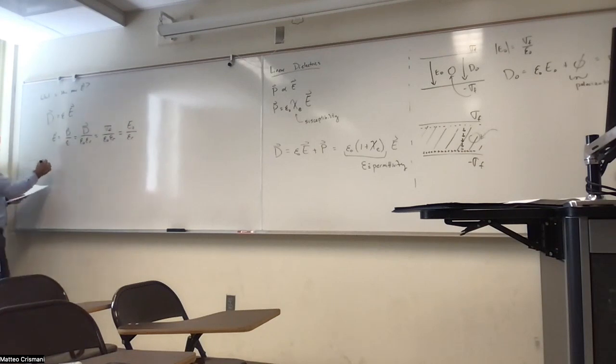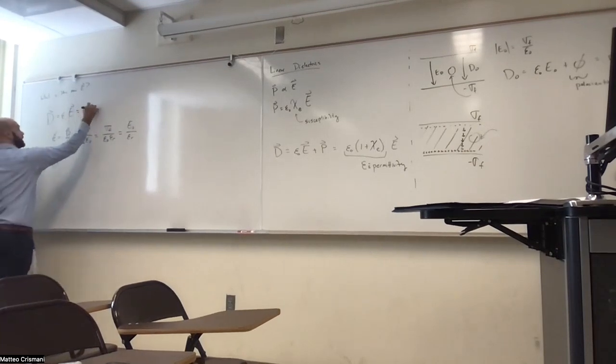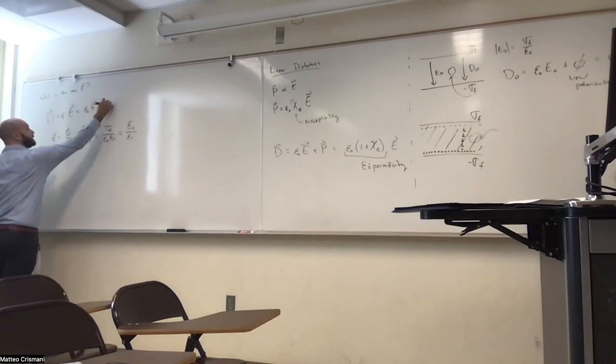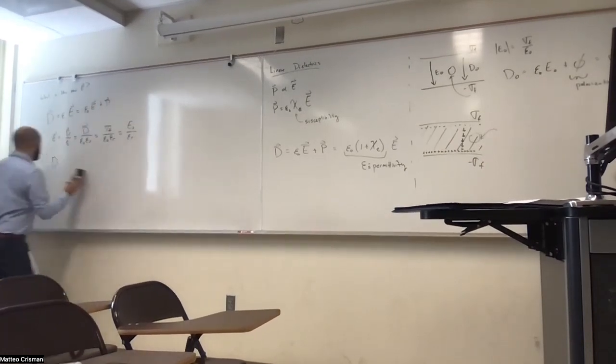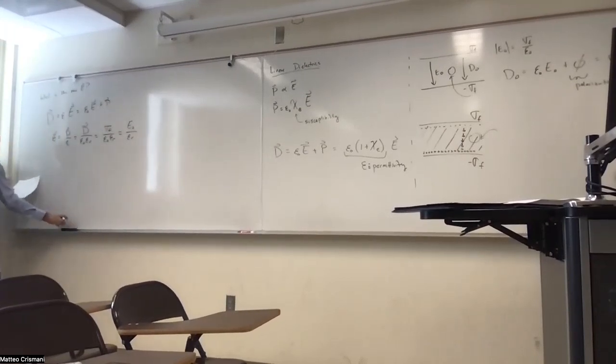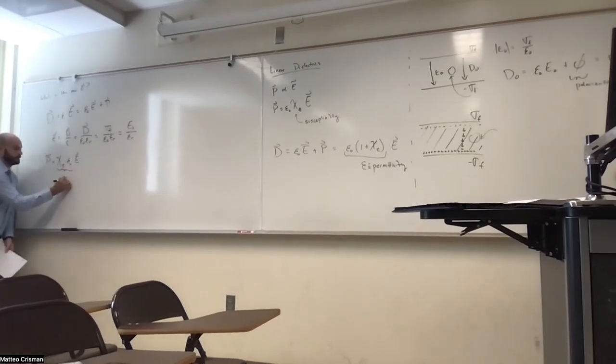You can also say this, just to rewrite this on the board. Maybe I'll write it up here. Epsilon naught E plus P. That's okay, right? Let's simplify this P a little bit in terms of our new language. So this was our alpha from before. We're just throwing tons of letters at you.